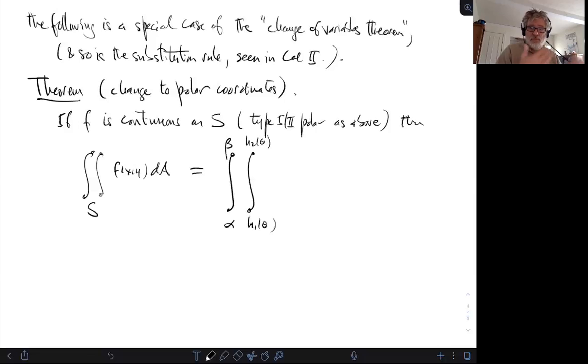That's the way we convert from rectangular to polar. And now here is the thing that's really important. There's a factor r that has to appear here. If you forget that, it's going to be painful, and wrong. It's a bad combination.